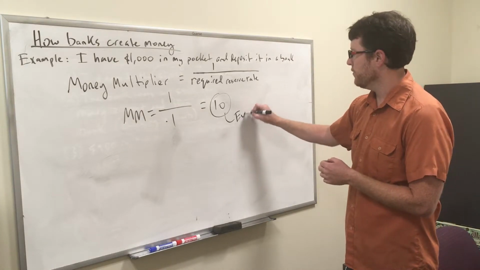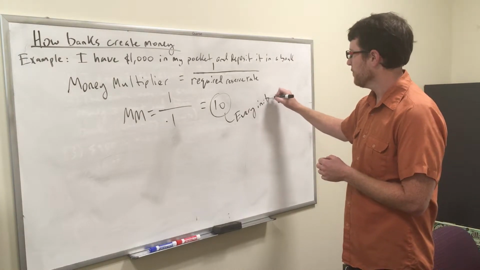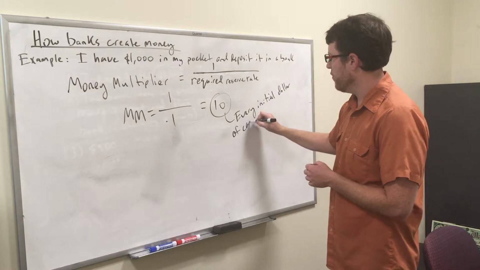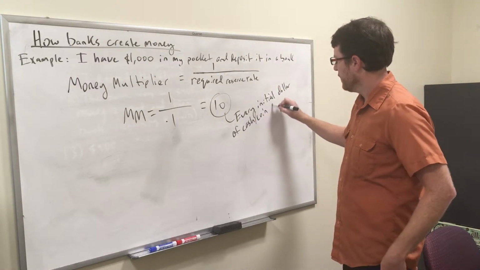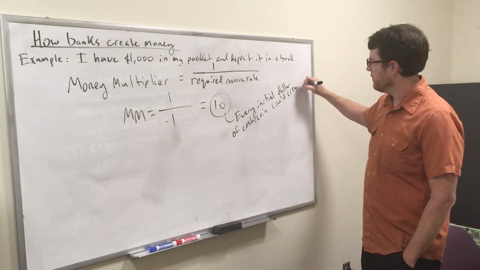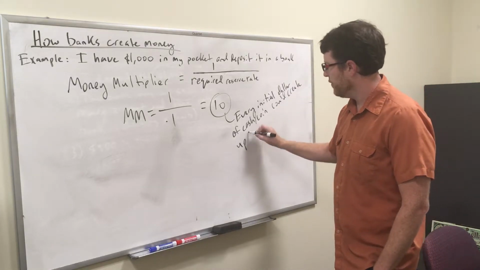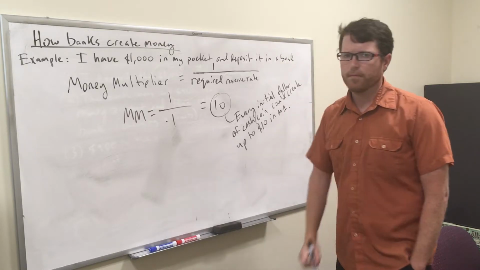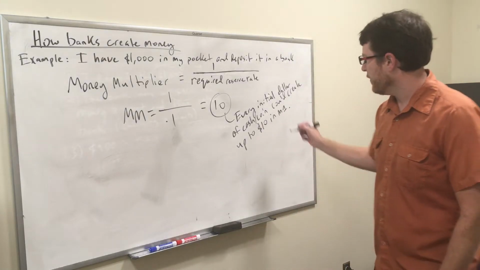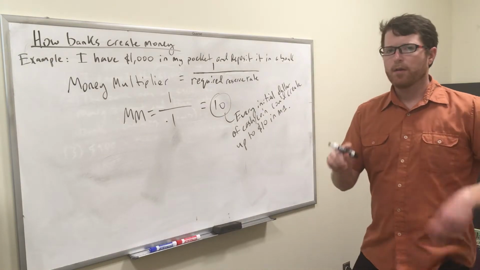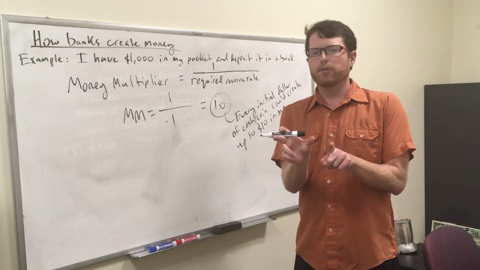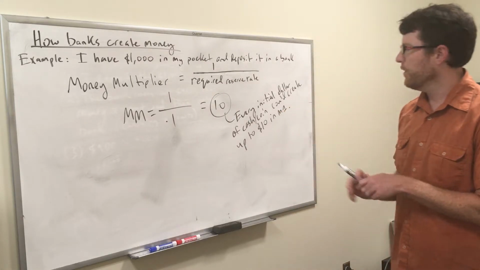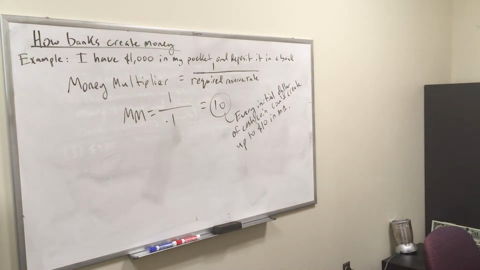So every initial dollar of cash or coin could create up to $10 in M1. And to be clear, when I say up to $10, that would be $1 initially plus an extra 9 on top of that for a total of $10. So that's what the money multiplier does: it creates extra money.